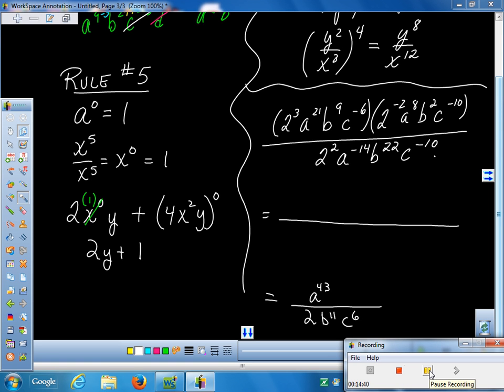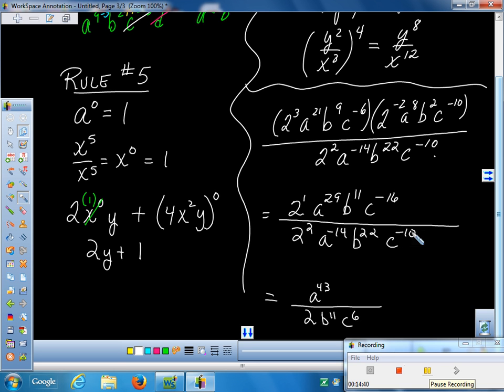So when you multiply the tops together, you didn't change the bases, that became 2 to the what? 3 plus negative 2 is 2 to the first. On the A's, add the power of 21 and 8 is 29. On the B's, 9 and 2 make 11, and C's negative 6 and negative 10 make negative 16. Okay, I'm copying the bottom down. I'm not changing anything.